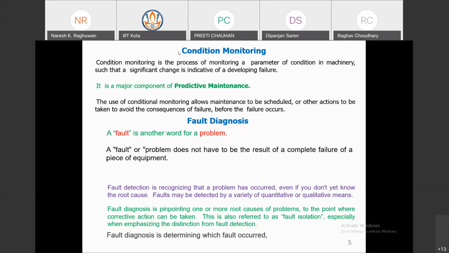The maintenance engineer will know what to correct so that the machine will work properly. This is also referred to as fault isolation, especially to distinguish it from fault detection. Otherwise, fault detection and fault diagnosis can be considered the same thing in condition monitoring techniques.